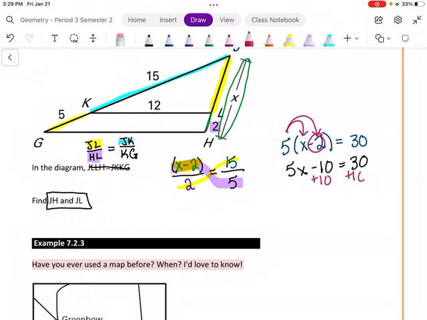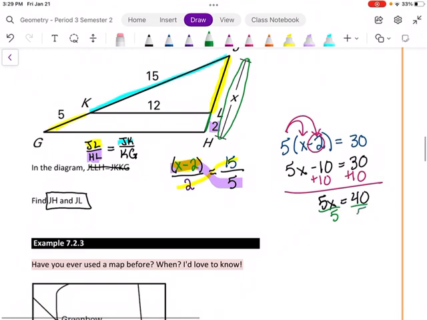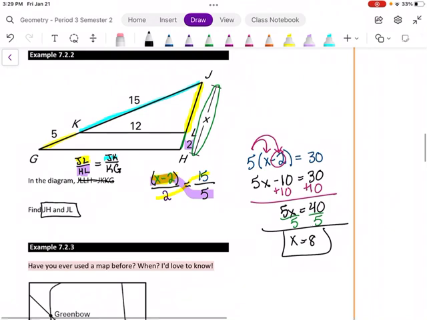Then we would add our 10 on both sides to get 5x equals 40. Divide by the 5, and that would leave us with x equals 8. Once we have that, we can use this information to find JH and JL. So we know this x equals 8, and we know LH is 2.